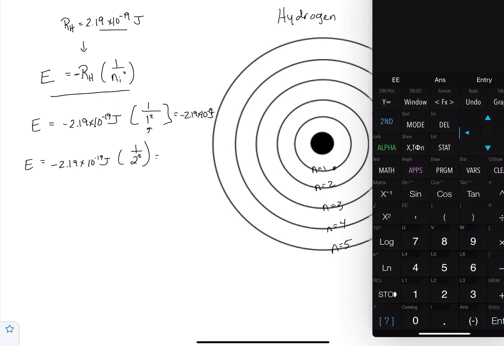If I put that in my calculator, 2.19 e to the negative 19th times 1 divided by 4, and I didn't put my negative in, but there is a negative right here, I get negative 5.22 times 10 to the negative 20th joules. I'm hoping you can see this, and you can go ahead and calculate the energy for the n equals 3 electron in the problems.